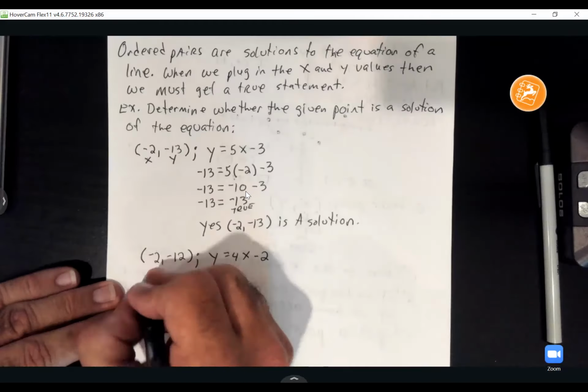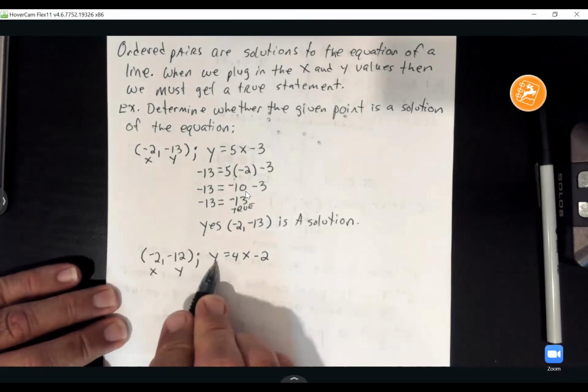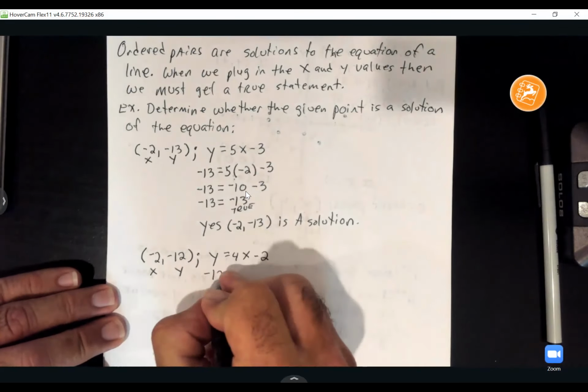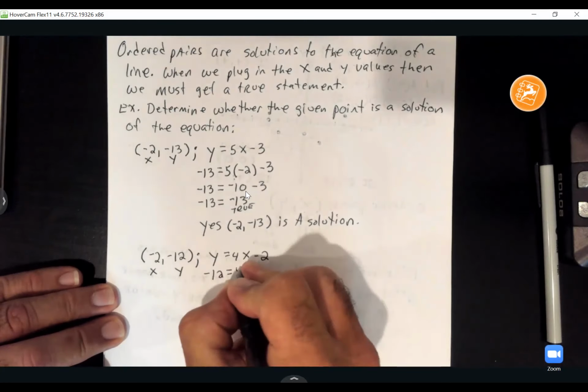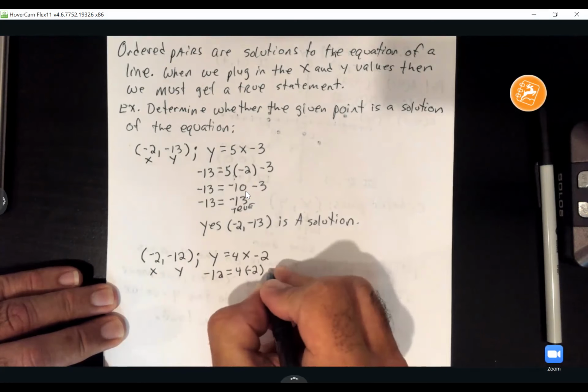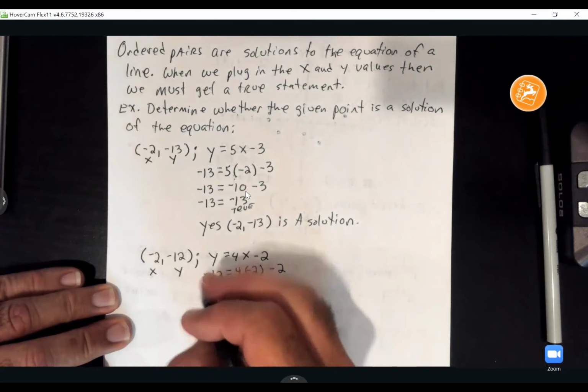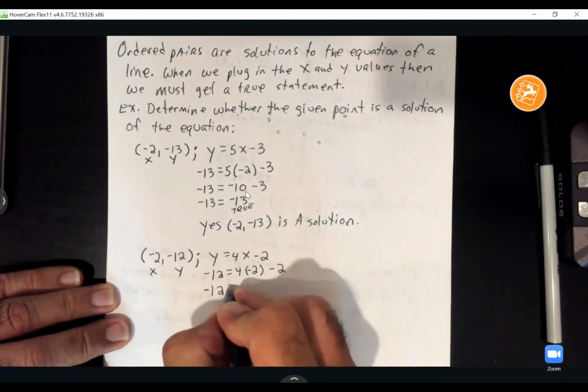All right, y'all, so remember the -2 is for the X, -12 is for the Y. So let's plug that in. That's going to give us -12 equals 4 times the X, which is -2, minus 2. That brings down -12. Can't do nothing over there.